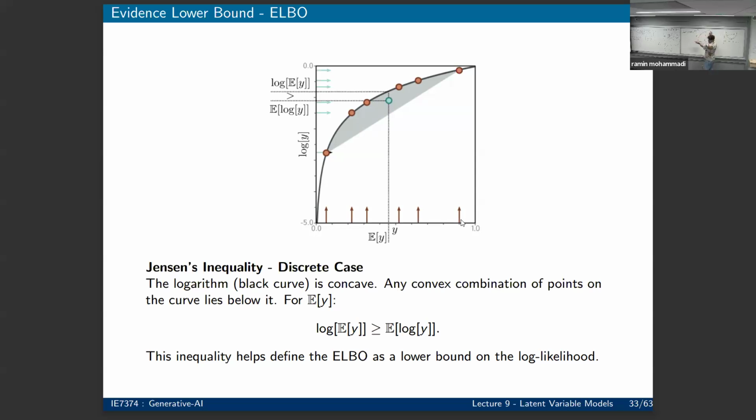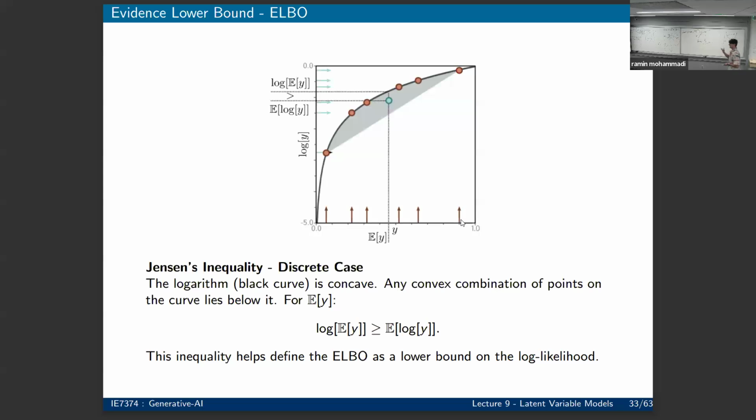Here you did the expectation over Y, then applied log. The other one, you first do log, then apply the expectation. The second one will fall here. So this is the expectation over log. The log of the expectation is always higher than the expectation of the log. Does that make sense? That's Jensen's inequality.